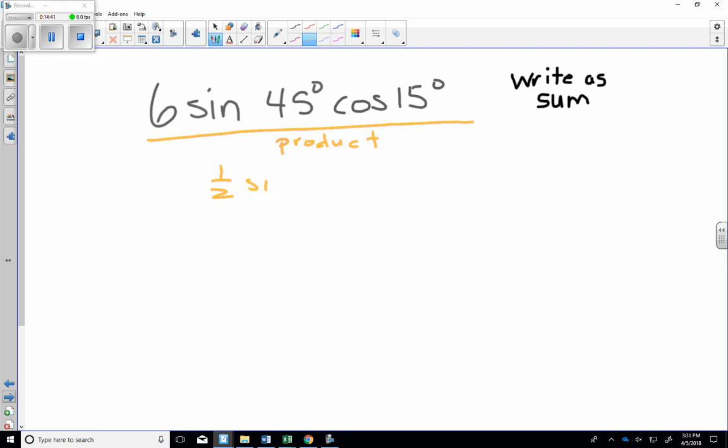sine of x plus y, and plus sine of x minus y. We can still have the 6 there. So sine of x plus y, x is 45 degrees, y is 15 degrees.